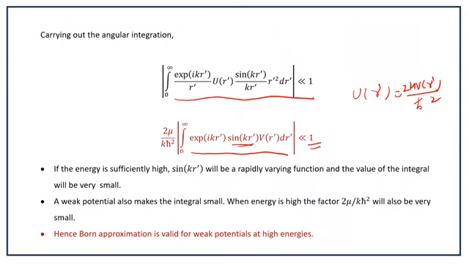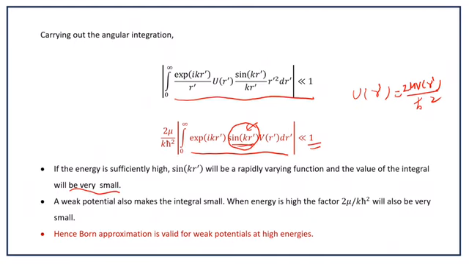if the energy is high, then sin k r dash will be a rapidly varying function and the value of the integral will be very small. If energy is high, k is high, then sin k r dash is a rapidly varying function, and the integral will be very small.